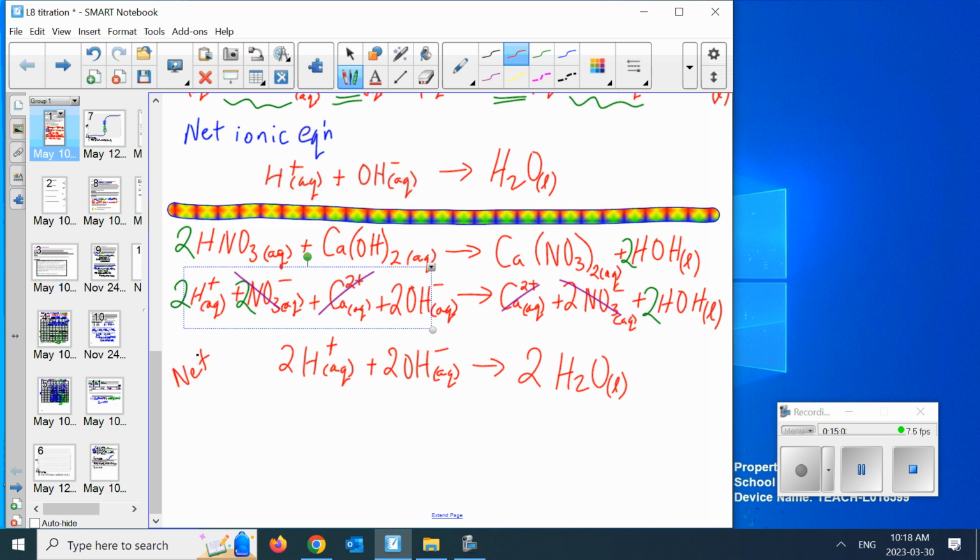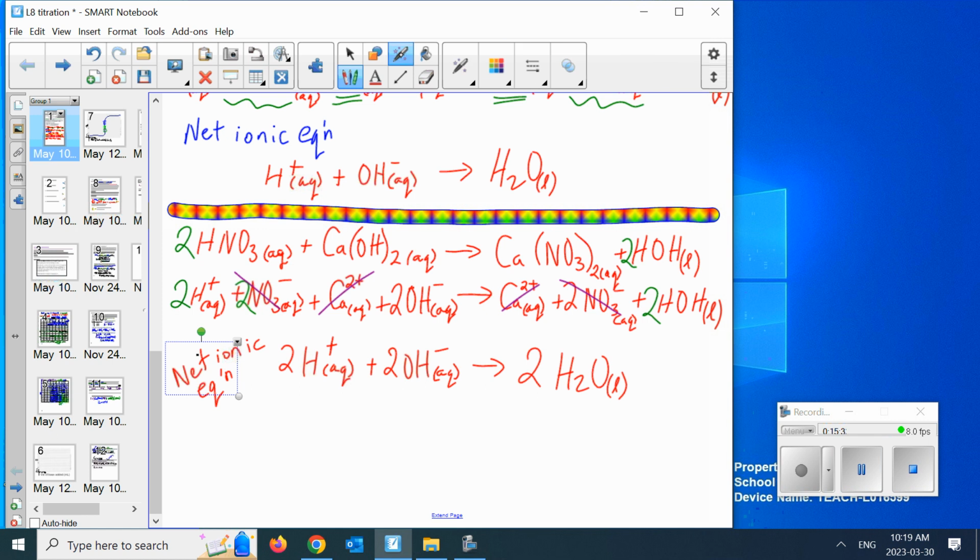And that's what I want you to see, that it's always going to form water. And this is why we will not continue writing the total ionic equation. I think of that as the thinking step. After this second example, I won't be asking you. That's a true example.